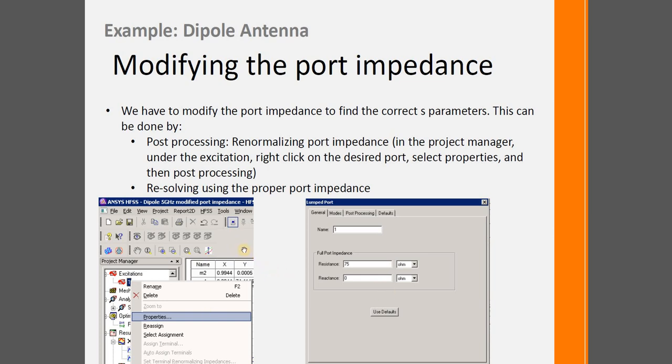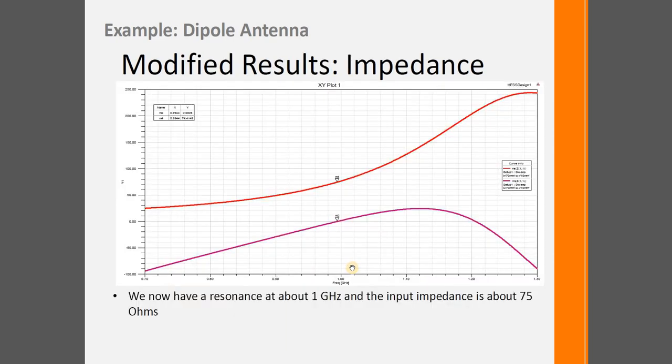Also, in the post-processing, we can modify the port impedance by right-clicking on the excitation and properties, going to the general tab and changing the full port impedance resistance from 50 ohm to 75 ohm, and see the S11.